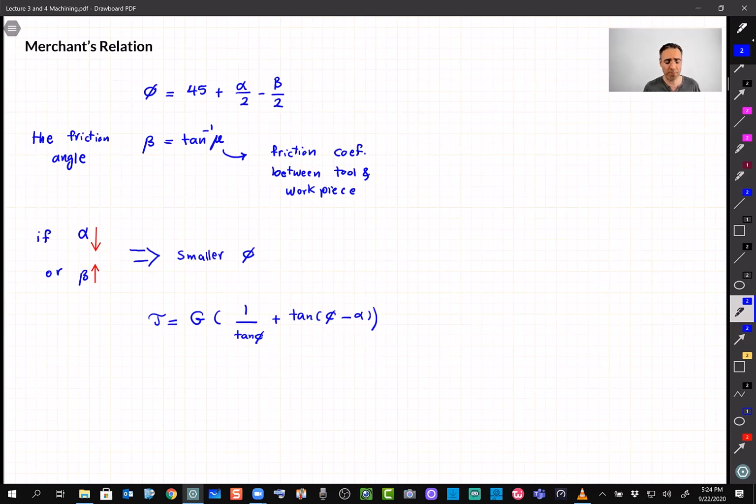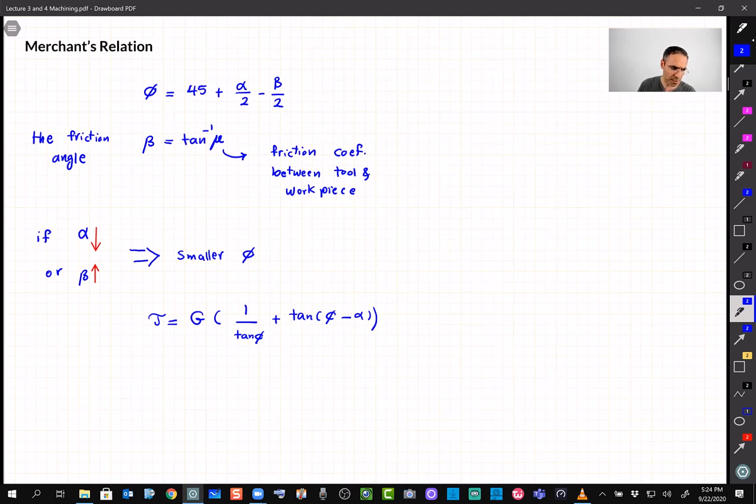It's not part of the requirements for this course, but if you are interested, you can Google Merchant's theory and find papers that show the proof for this formula. We just use them in this course, and we use them to understand how the machining process changes when we change different parameters. These relations, like Merchant's equations, are very simple, but they are very important among people who study machining processes.